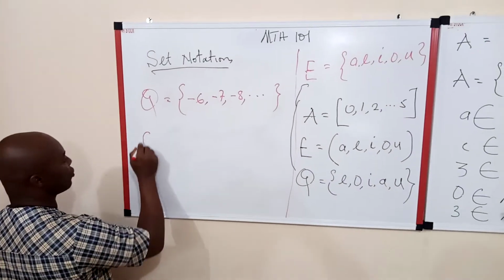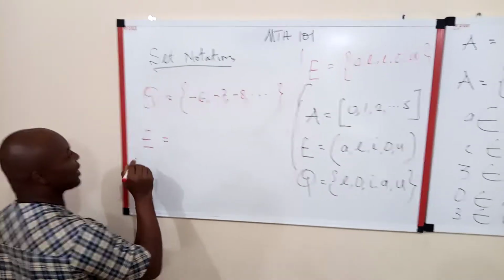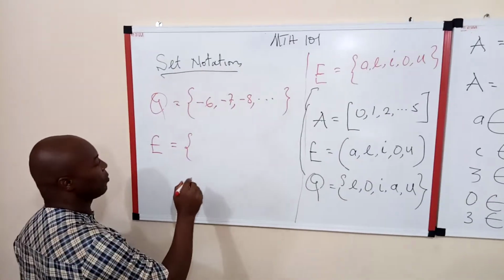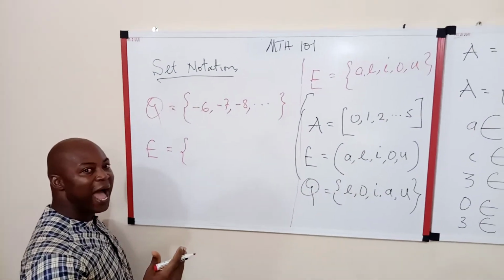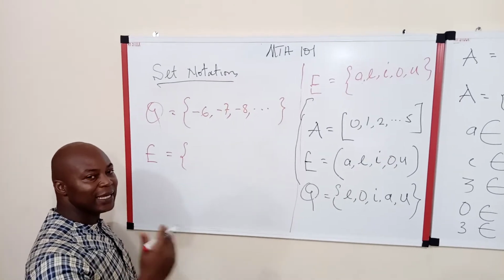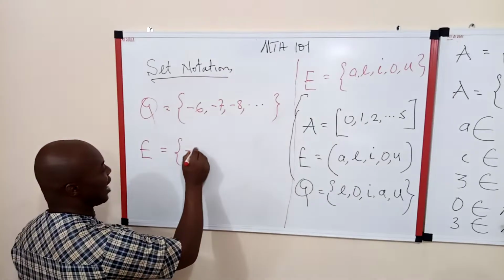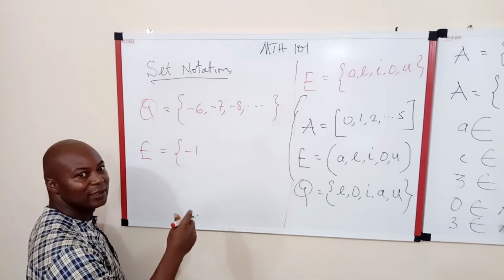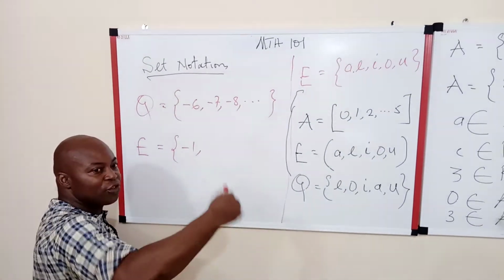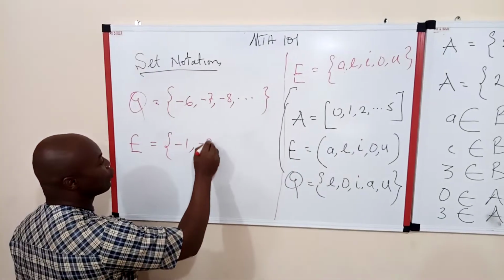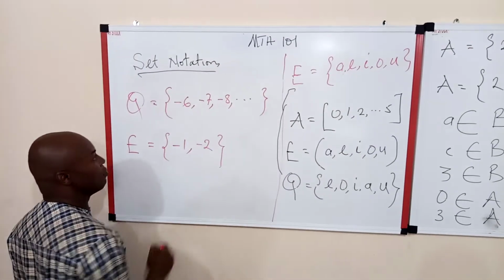If that is true, we have negative 1, which is greater than negative 2, and negative 2, and because we said they are also equal to, negative 2 will also be included.